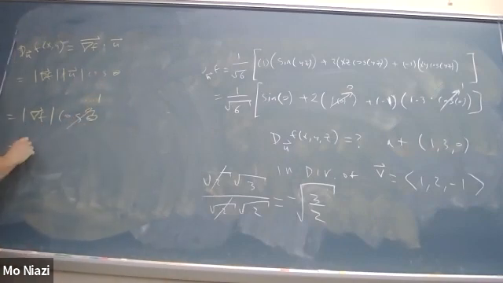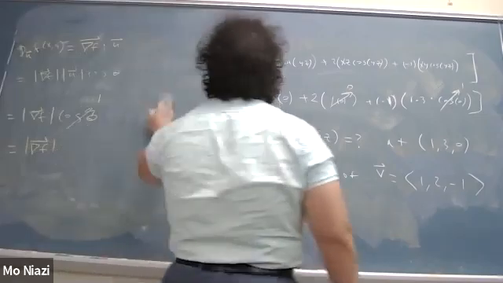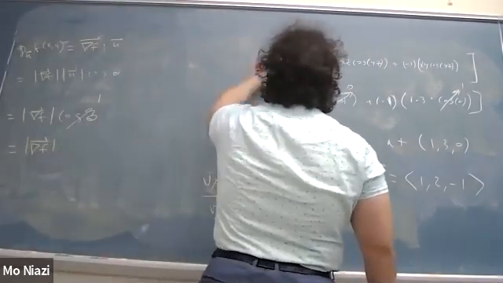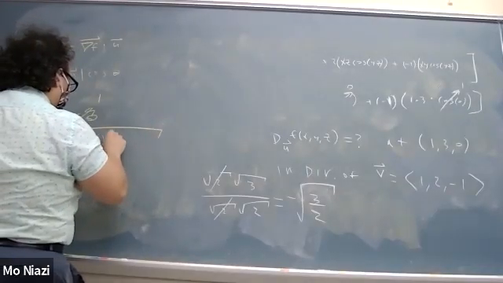Okay, so then we get that the directional derivative has maximum value equal to the magnitude of the gradient, which, remember, this would then equal... So what does this mean?